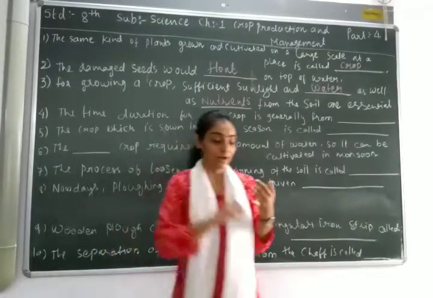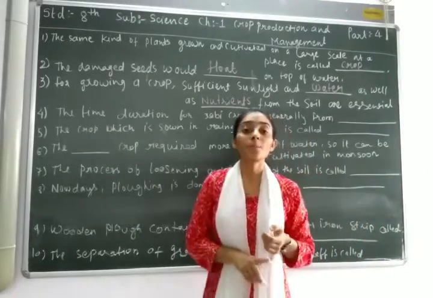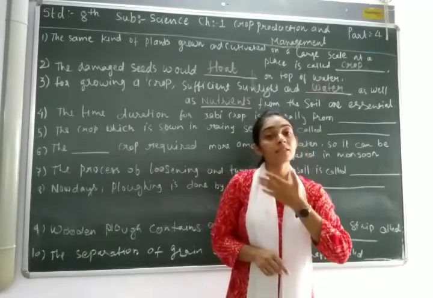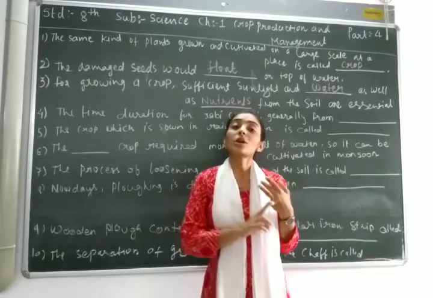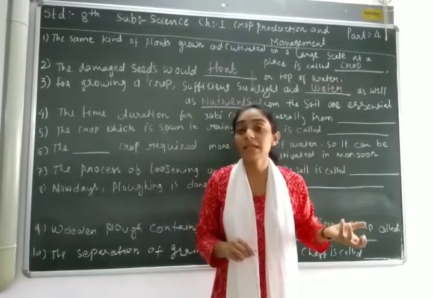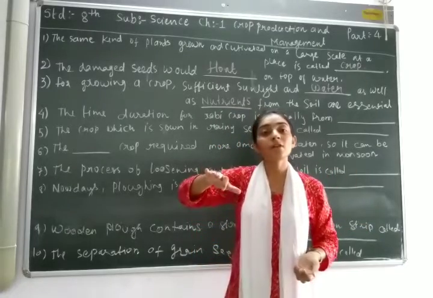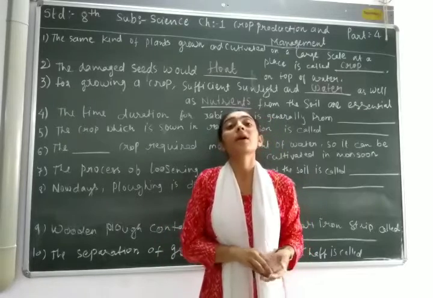Now, the time duration for Rabi crops is generally from, okay, now look over here at Rabi crops. We have learned to classify the crops on the basis of their seasons. The first one we have seen is the Kharif crop, and the second one is the Rabi crop. The Kharif crop is a crop which is grown in the rainy season, and a crop which is grown in the winter season we call a Rabi crop.